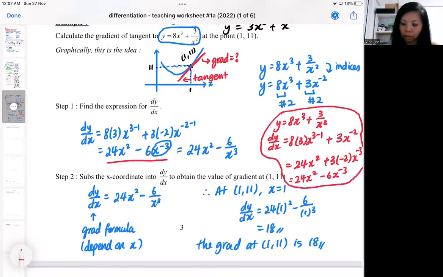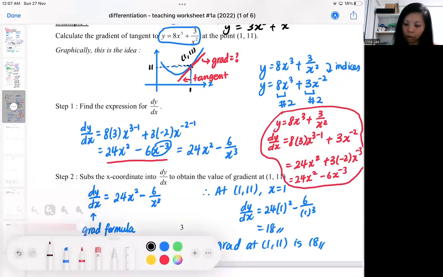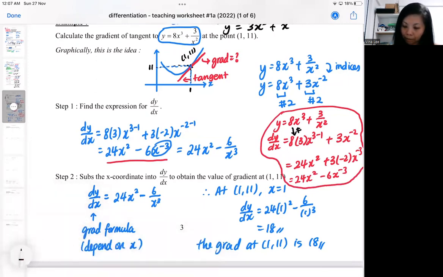Why? Because the student applied the formula here, but here the student applied indices, and then applied the formula here. You cannot apply the formula and indices in such a half-hearted way.